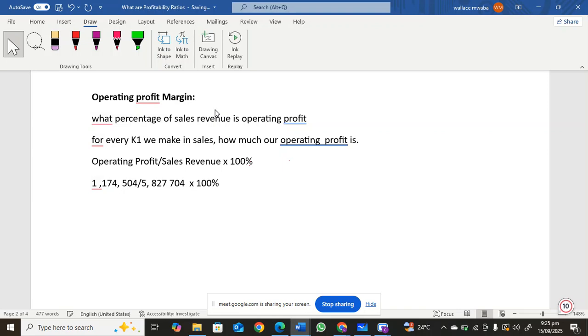So we get our calculators. 1,174,504 kwacha divided by 5,827,704 kwacha, we get 0.201 times 100%. We get 20.1%.